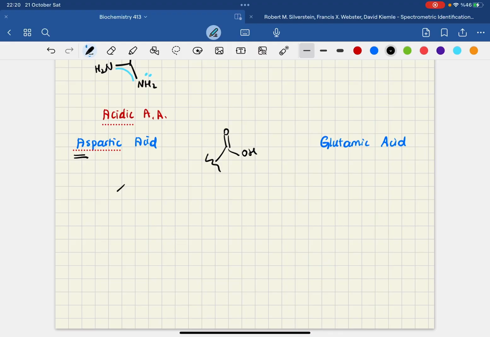All right, now let's start. Over here we have a carboxyl group.